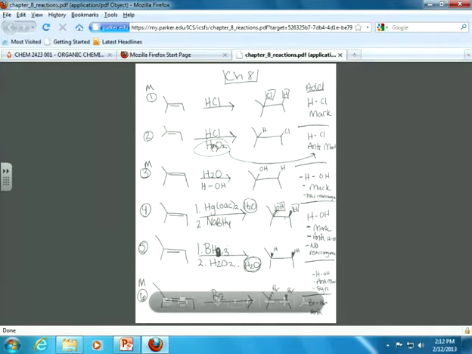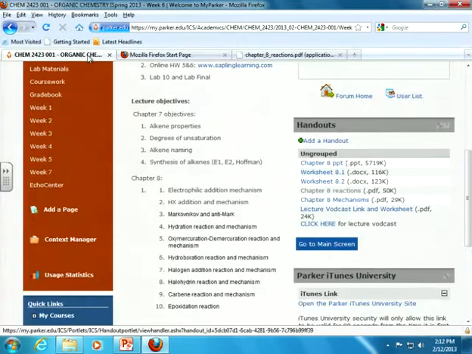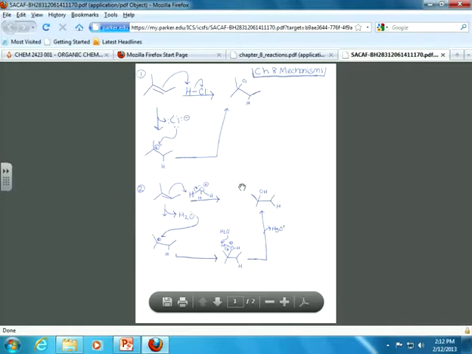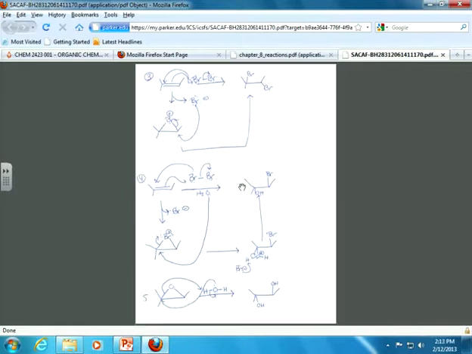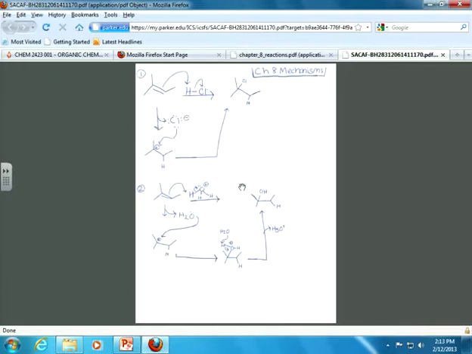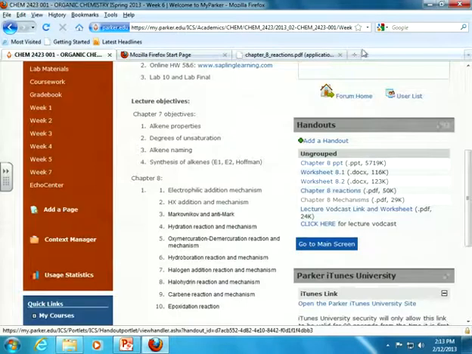It has stuff like that that'll help you. And here are the mechanisms that you possibly might need to know, listed for you on one page. That's under week 6.